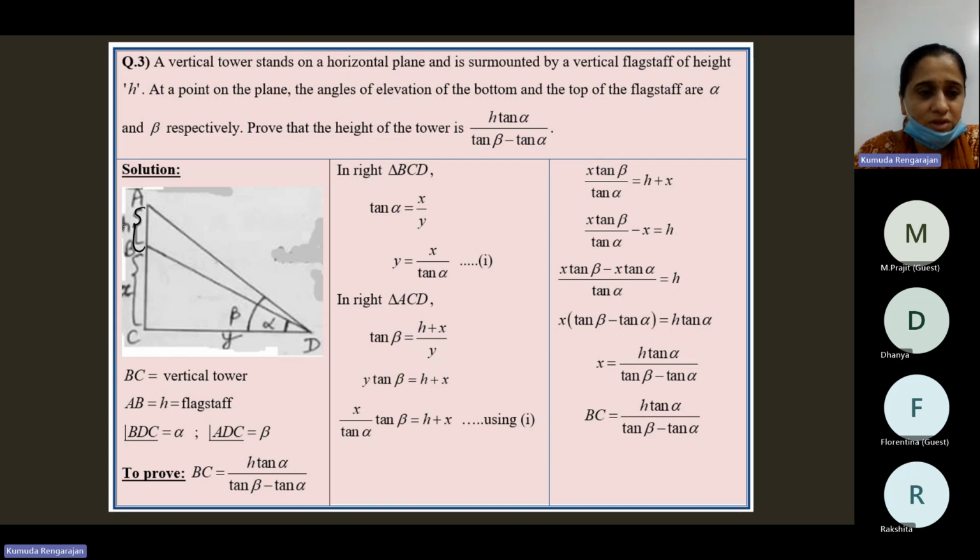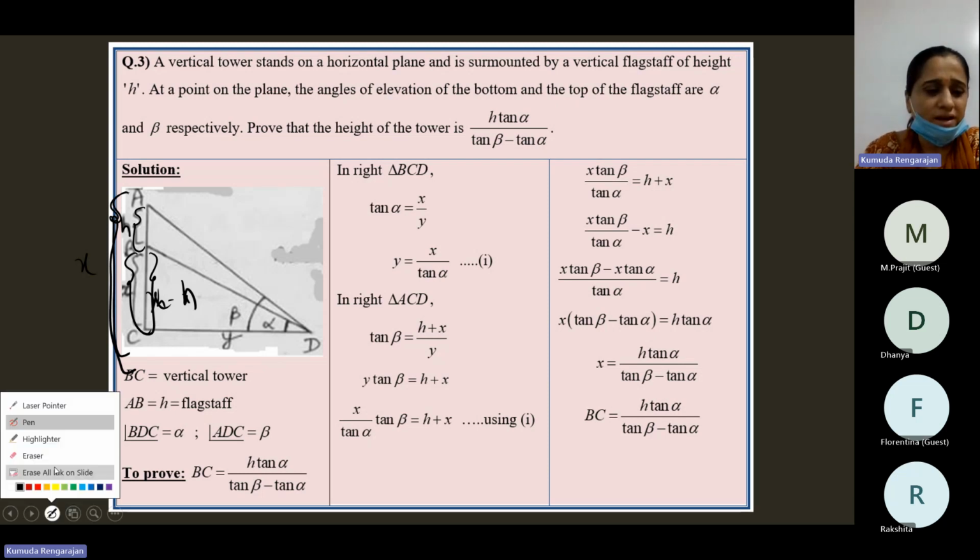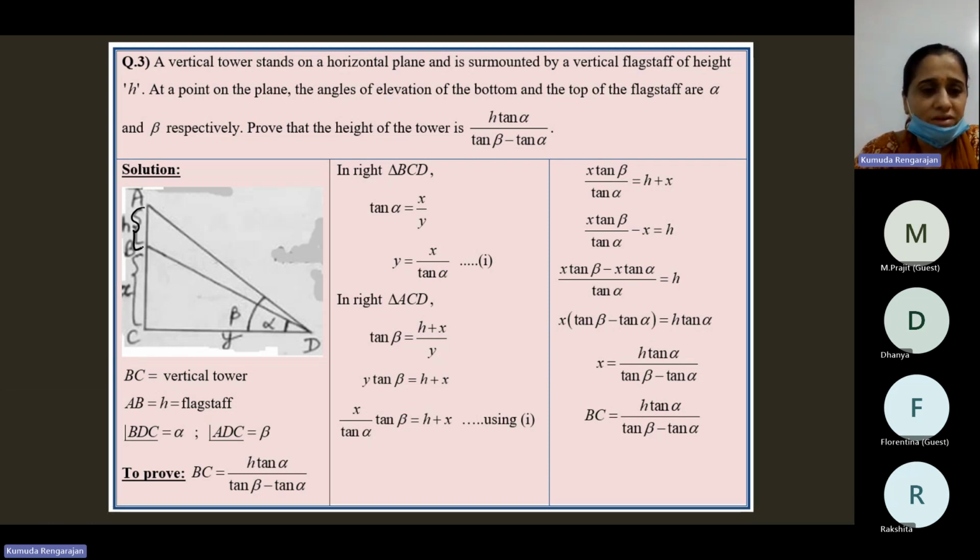This one was given as h in the question. If you call the whole thing x, then this one alone will be x minus h. So let's not do all that. This one is h, given. We'll mark the remaining thing as x.